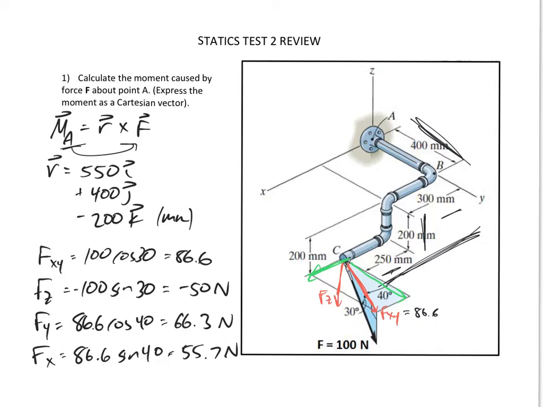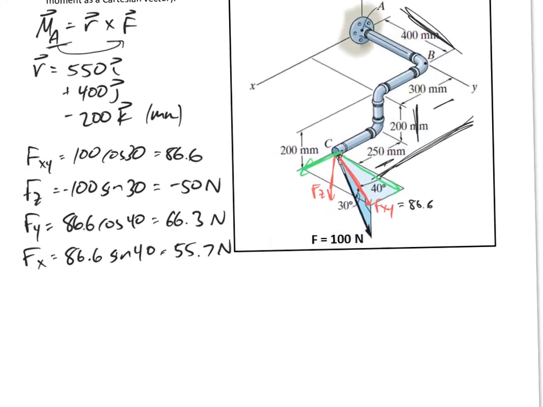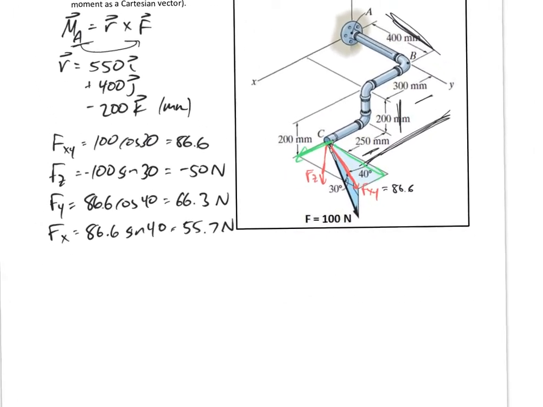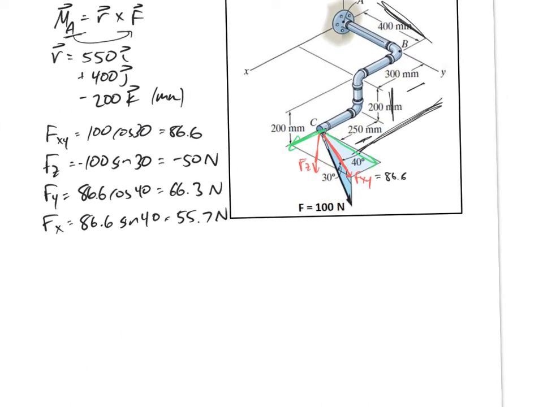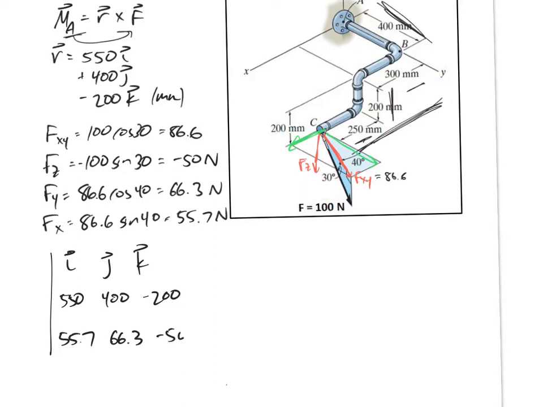All right, so now I can do the cross product of r cross f. The moment equals r cross f, and so r cross f would be the determinant of i, j, k, of 550, 400, negative 200, that's the r, and then the f: 55.7, 66.3, and negative 50.